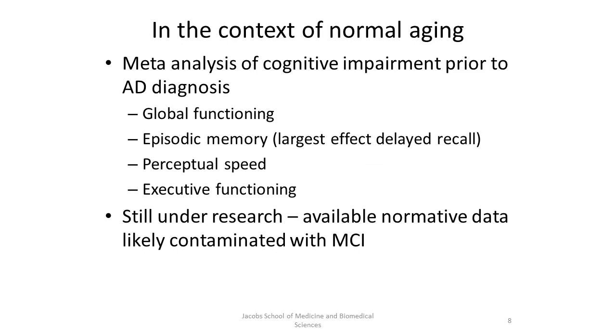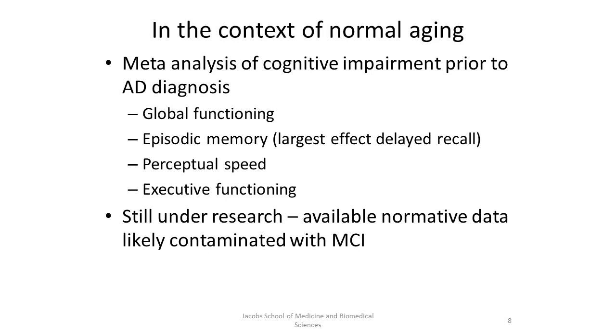So in the context of normal aging, what is going to help you to differentiate normal aging from Alzheimer's disease or amnestic MCI moving towards Alzheimer's disease? Meta-analysis of cognitive impairment prior to the diagnosis of Alzheimer's disease showed that there's a difference in global functioning, episodic memory, perceptual speed, and executive functioning in people who are going to develop Alzheimer's disease.